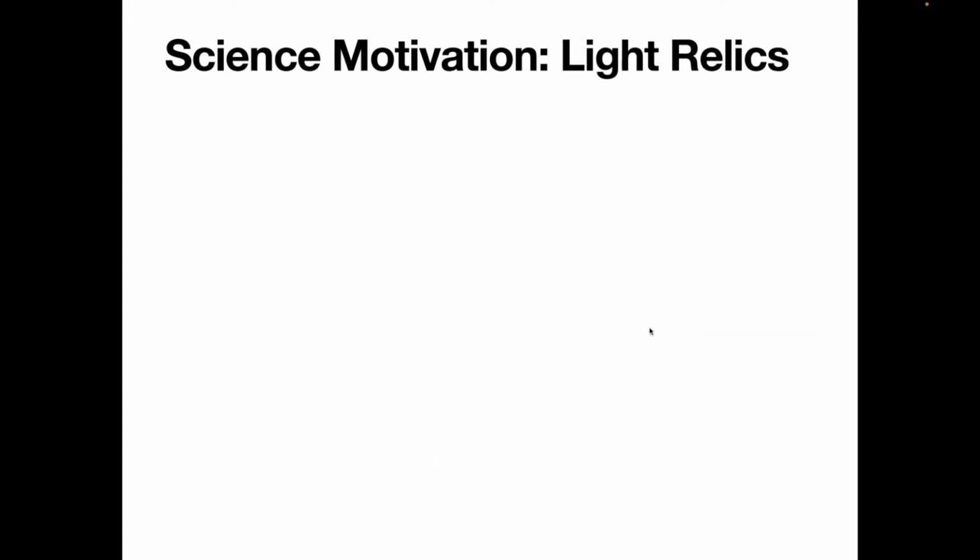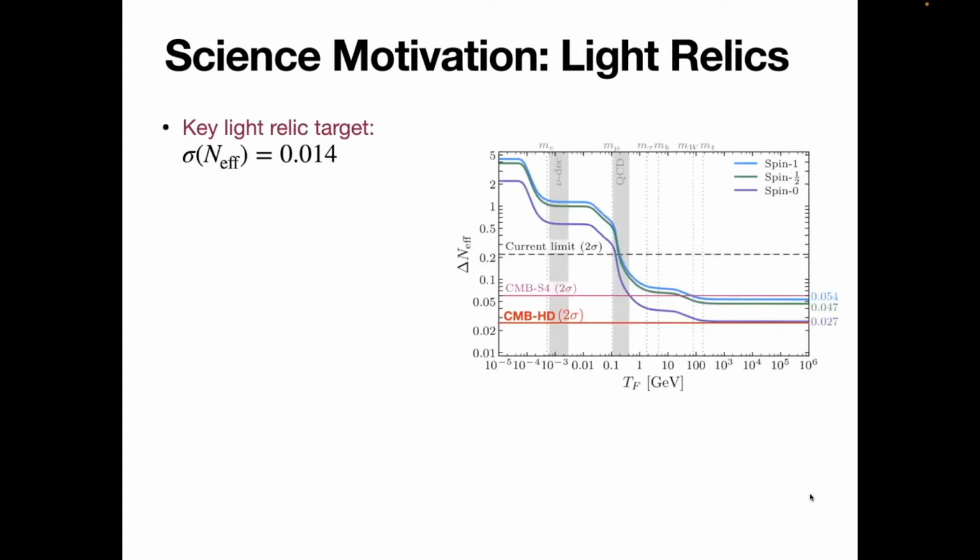Another science motivation, and so you can see my theme is a lot of fundamental physics, is to probe whether there are any new particles that we don't know about that were in thermal equilibrium with any of the standard model particles at any time in the early universe. So that's what this plot is showing.